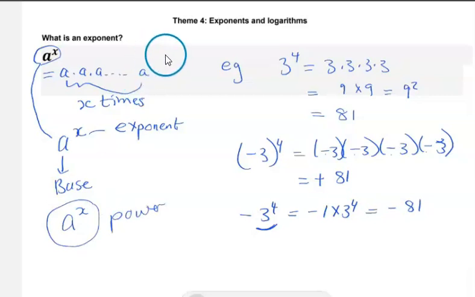So it's important that we have the correct language when you talk about this. So in the case of a to the x, we just have a short form to write this long multiplication of however many x is in a short way.